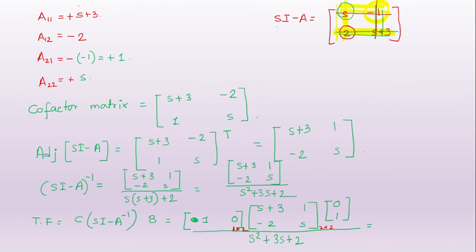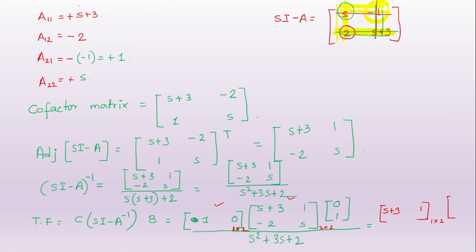If I multiply this row with this column, the first element is S plus 3, and with the second column, the second element will be 1. So after multiplication it is becoming a 1 cross 2 matrix.